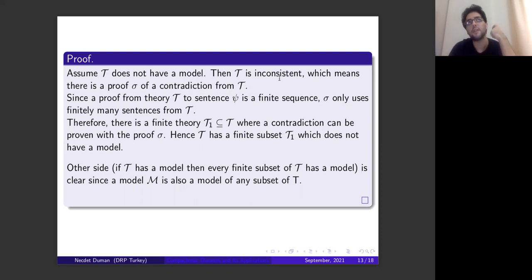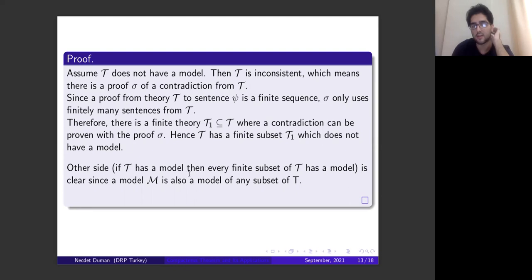And because of the way we define a proof, it can only use finitely many things from our theory, which means we have a finite subset of our theory which can prove a contradiction. And by the completeness theorem, this means we have a finite subset of our theory which does not have a model because it is inconsistent. And this finishes our proof.